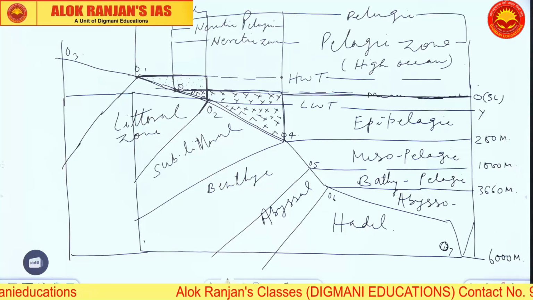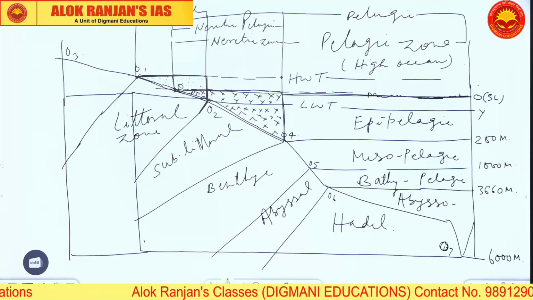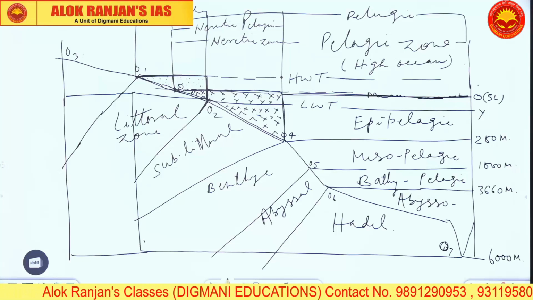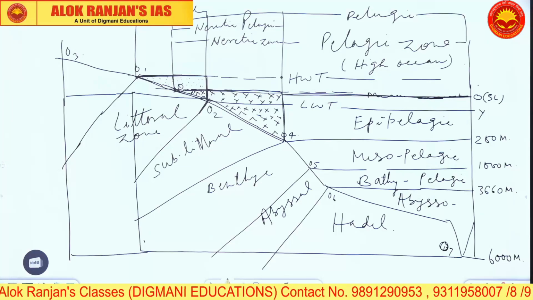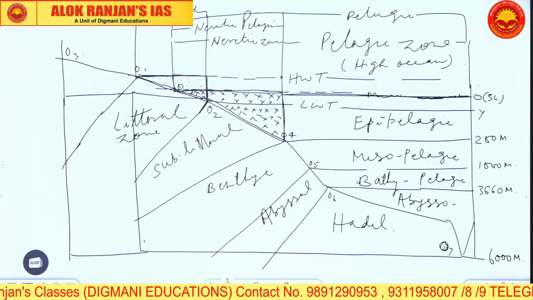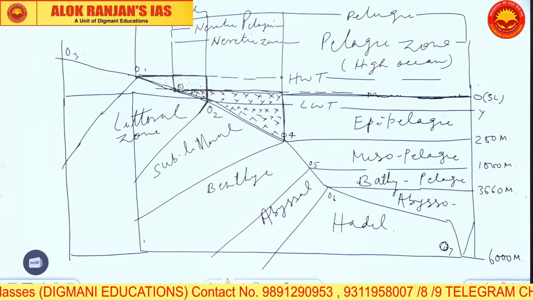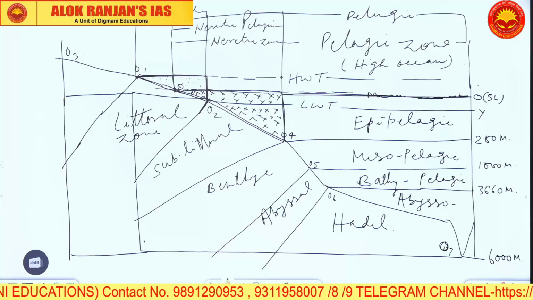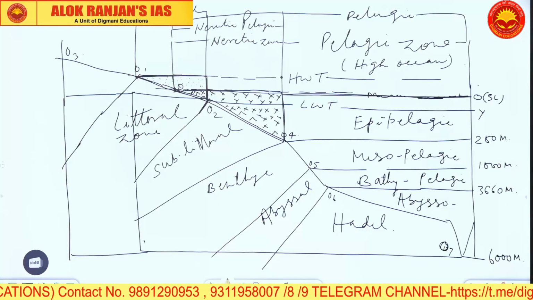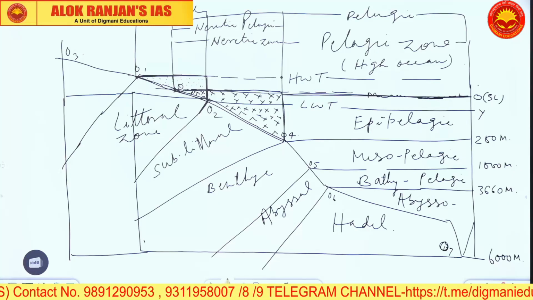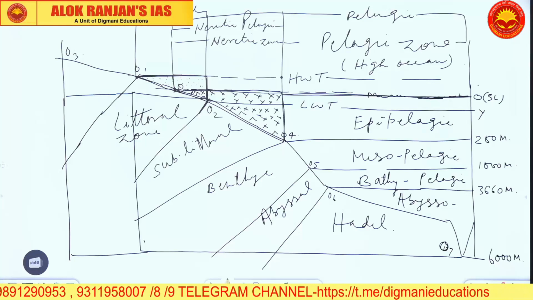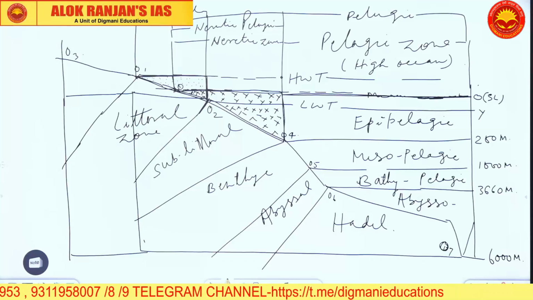Epi is outer. Okay, so you have this ocean zoning.